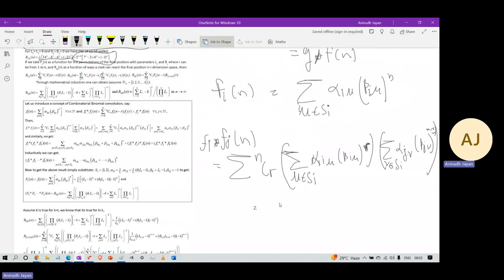If you multiply this, since multiplication is distributive, you get the following.